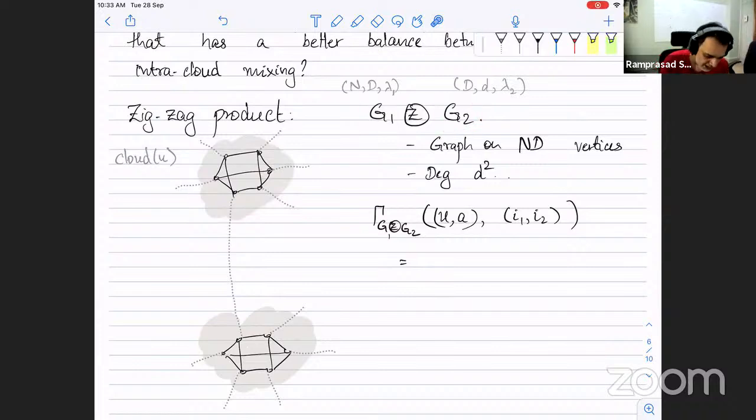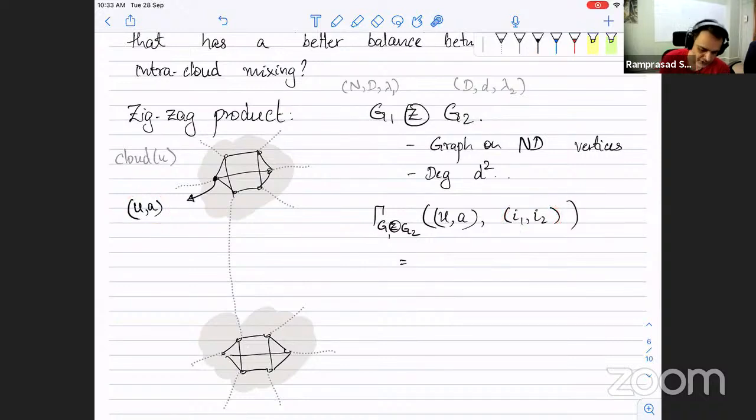So (u, a) refers to the vertex corresponding to a inside that cloud. Let's say this vertex happens to be (u, a). Now I want to know what is the (i1, i2)th neighbor of the vertex (u, a).